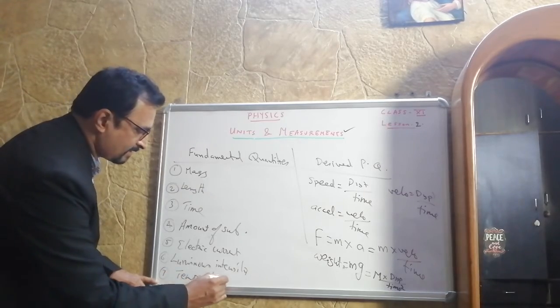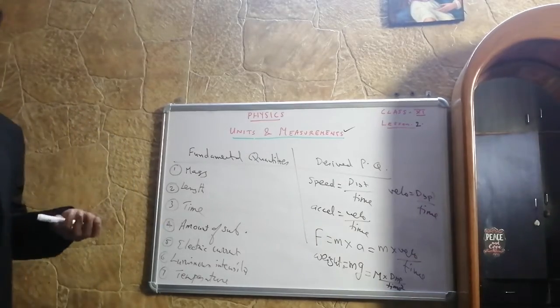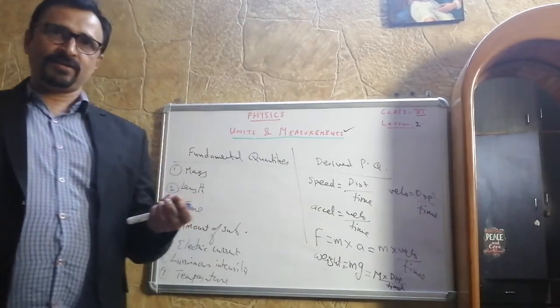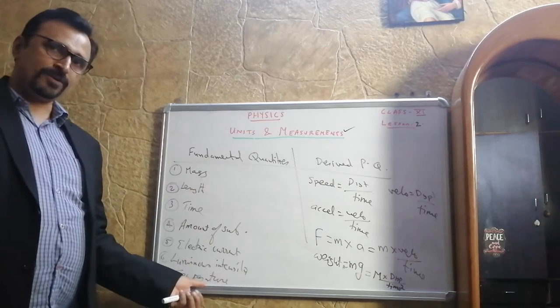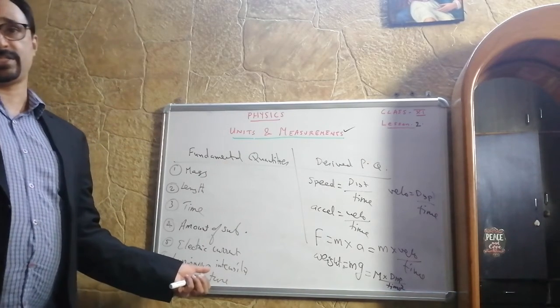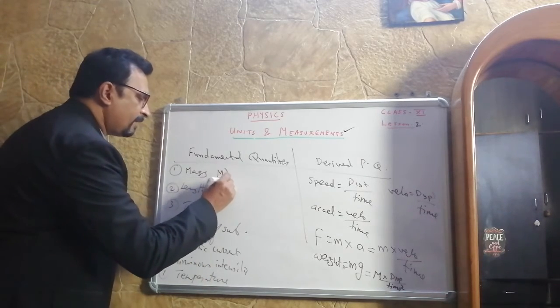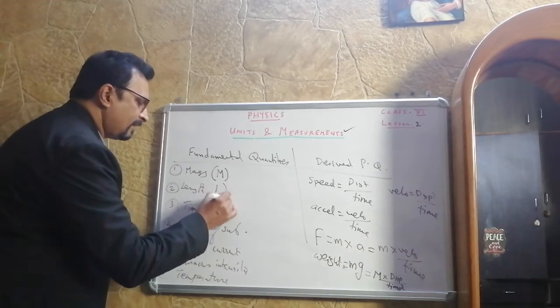These 7 physical quantities are called fundamental quantities. Why are they called fundamental quantities? We cannot split these quantities, or express them in terms of other physical quantities. So for mass, you can use the symbol capital M hereafter, length is L and time is T.